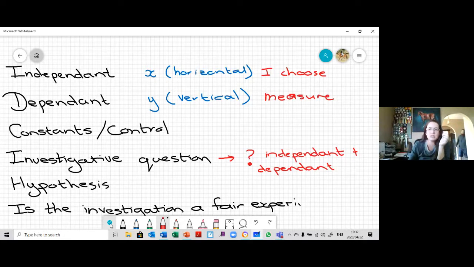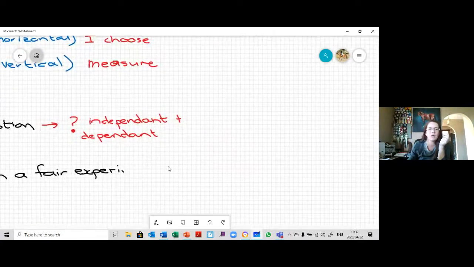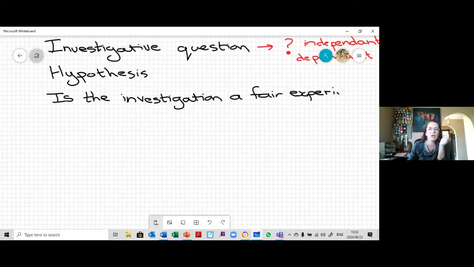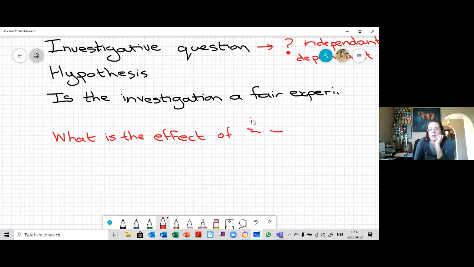So you would start your sentence with, what is the effect of the independent variable on the dependent variable?